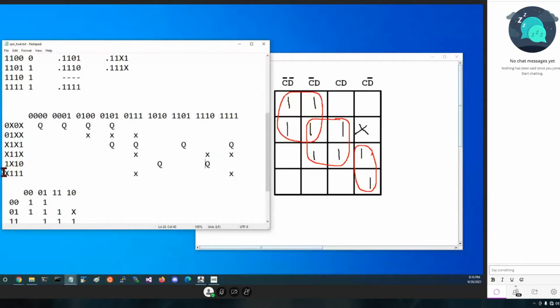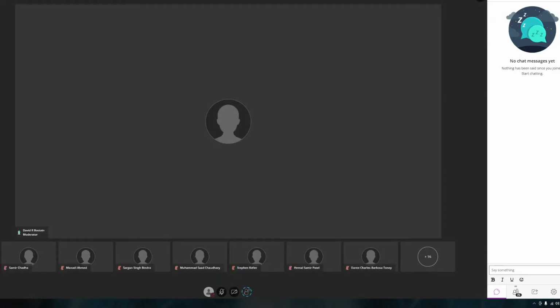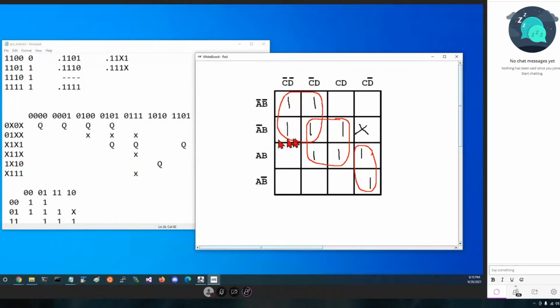And then finally, we had coverage for these, which are 0, 1, 1, 1, and 1, 1, 1, 1. So 0, 1, 1, 1 is here, and 1, 1, 1, 1 is here. They would be if we were going to pick this set of 2, which we're not going to pick because the bigger group completely consumes that.